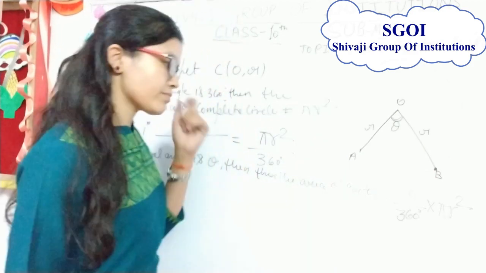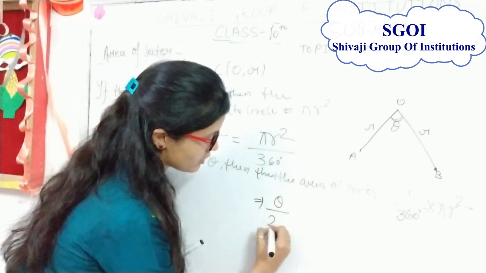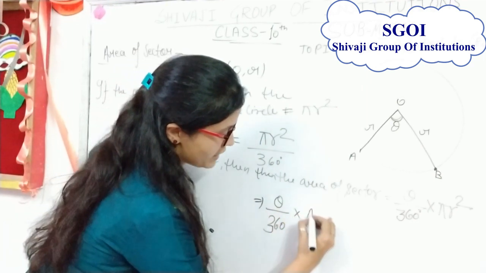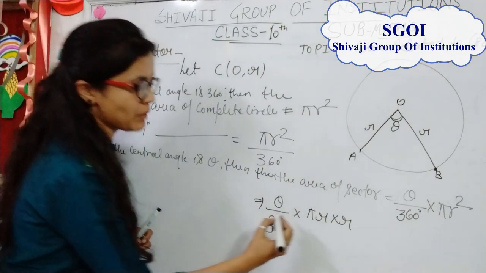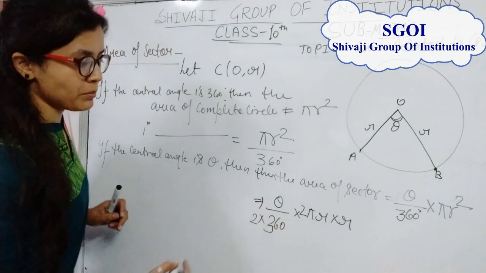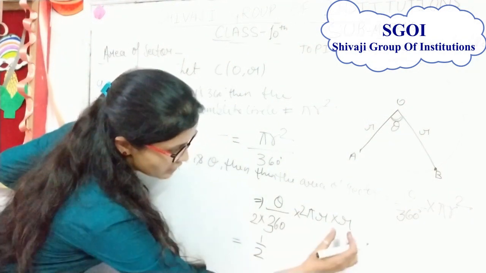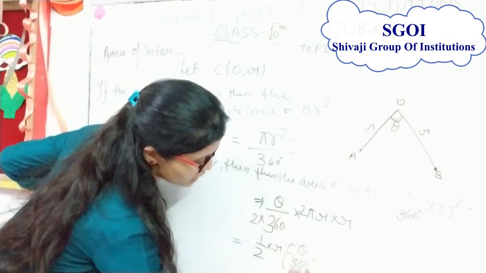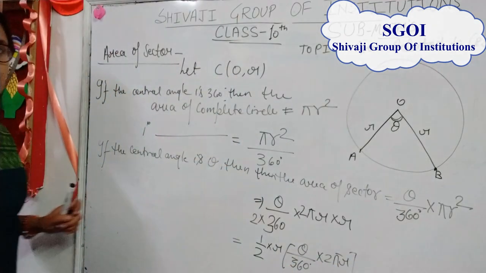Now students, we can write this formula as pi r into r. When we multiply by 2 and divide by 2, the equation becomes 1 by 2 into r into theta upon 360 into 2 pi r. Clear?